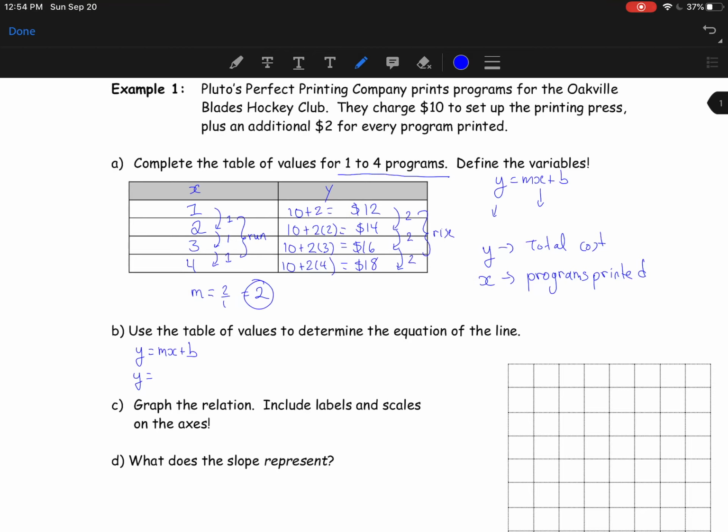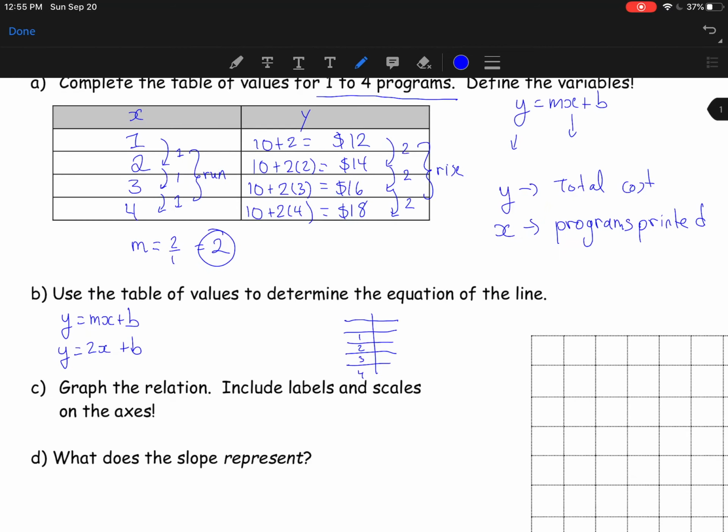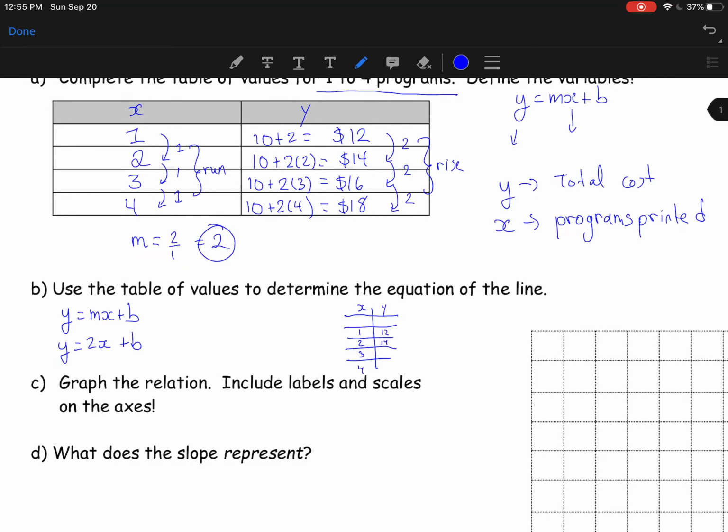So now we have 2x as our slope. But what's the b value? The b value is the y-intercept, which is the value when x equals 0. Instead of doing any math, let's just look at our table. Our table went from 1 to 4, so we had 12, 14, 16, 18.